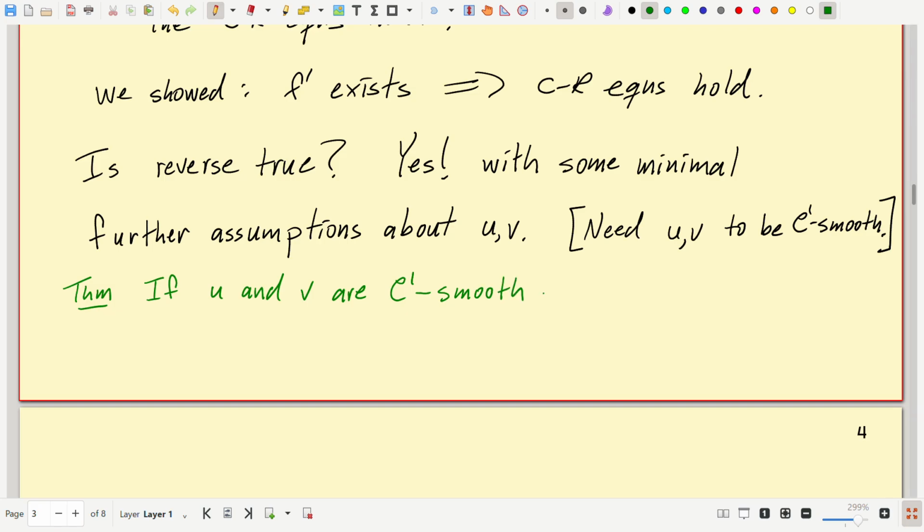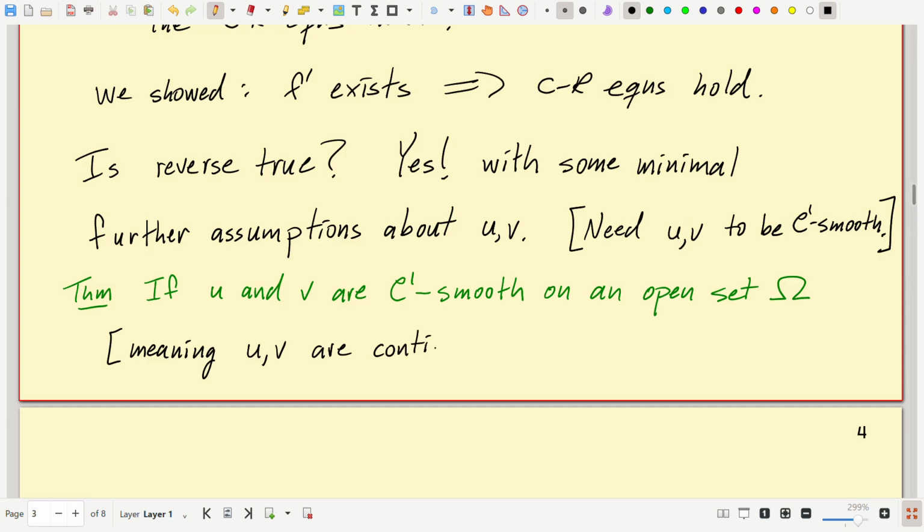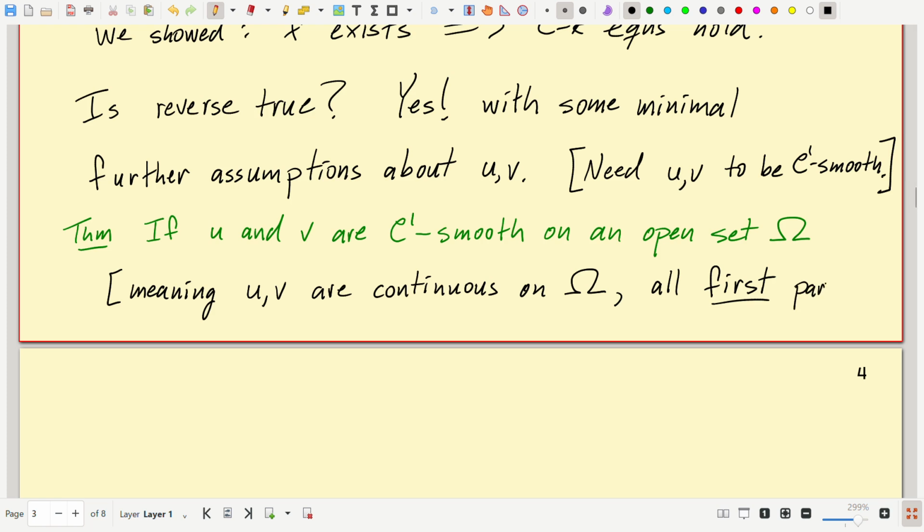If u and v are C1 smooth on an open set omega, and I should say that means that u and v are continuous on omega, the first partials of both of them exist and are also continuous.